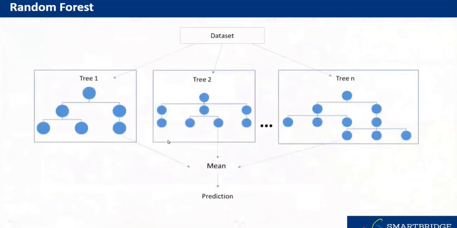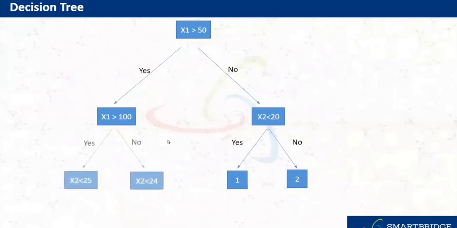Now, what I want to do is, I will give x1 as 100 and x2 as 40. x1 as 100 and x2 as 40. Now tell me where it comes. That means x1, the bank balance, is 100,000, and the credit card score is 40.